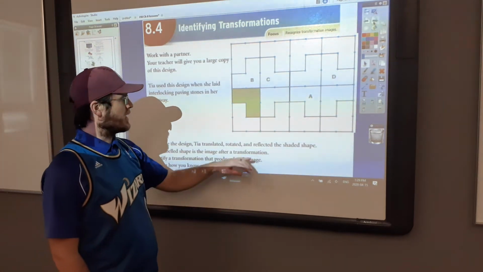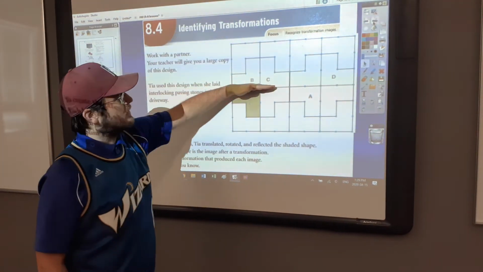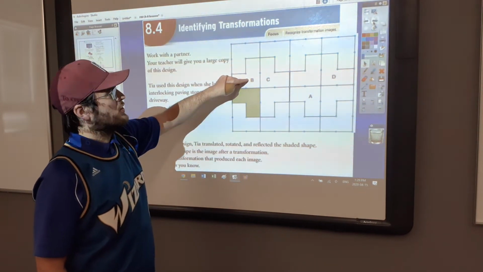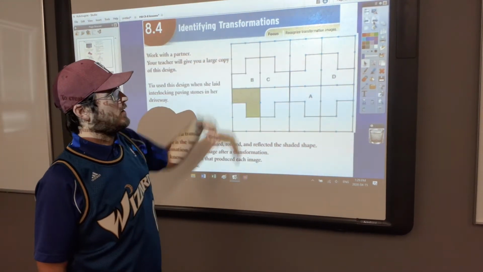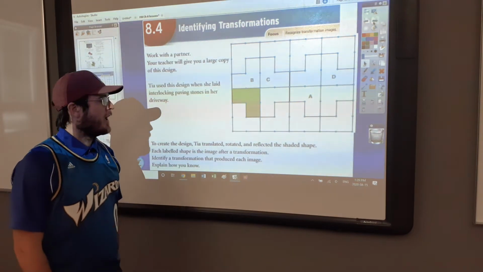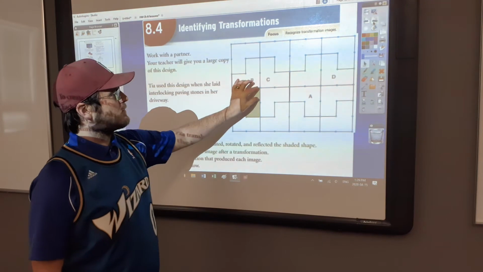We can also recognize a reflection here. If I imagine here's a line of reflection, this shape can be reflected to give me shape B. And actually shape C could also be reflected along a diagonal line. Okay, so it's translation, reflection, and then rotation. That's usually the trickier ones, the rotations.